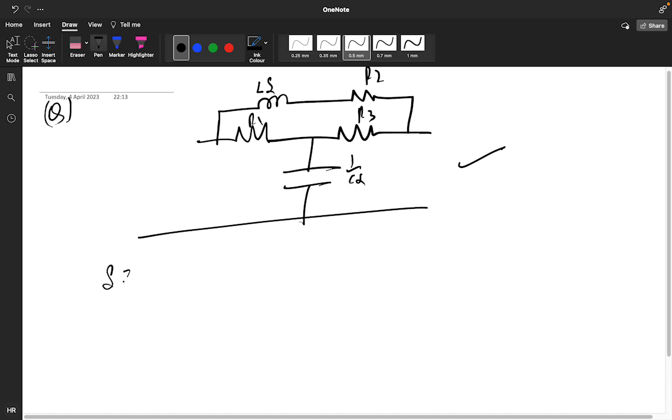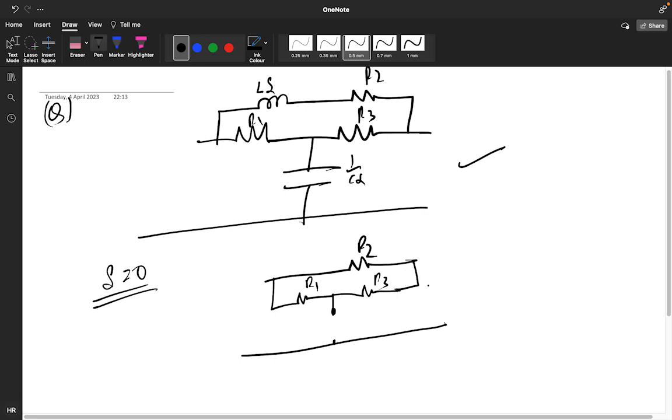So if you put s equals 0, how will the circuit look? The inductor will get short circuited. You will get R2, R1, and R3, and the capacitor will get open circuited. This is your Vi part and this is your V0 part. So these will get solved and we get some resistance ratio like this.